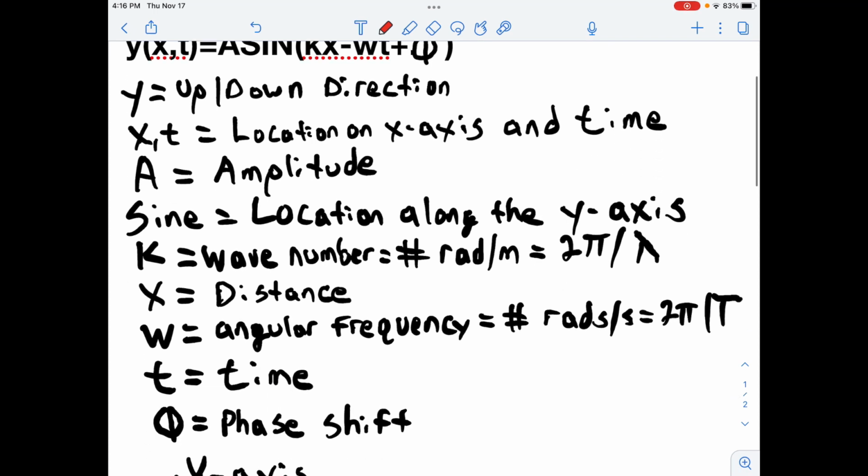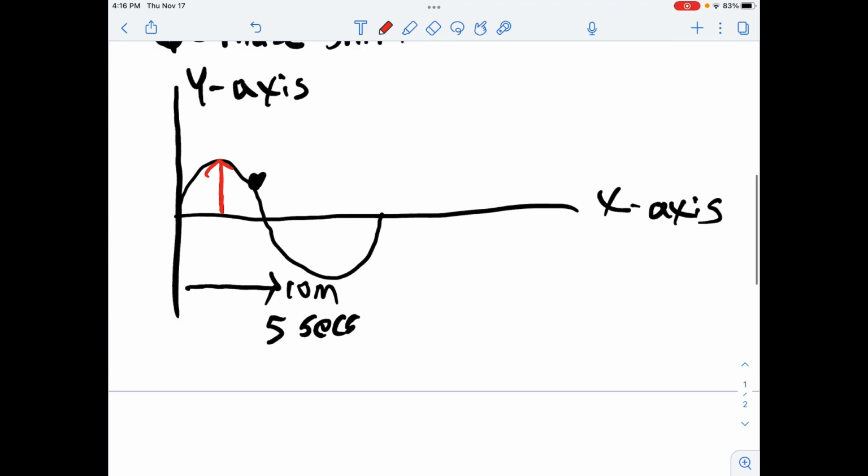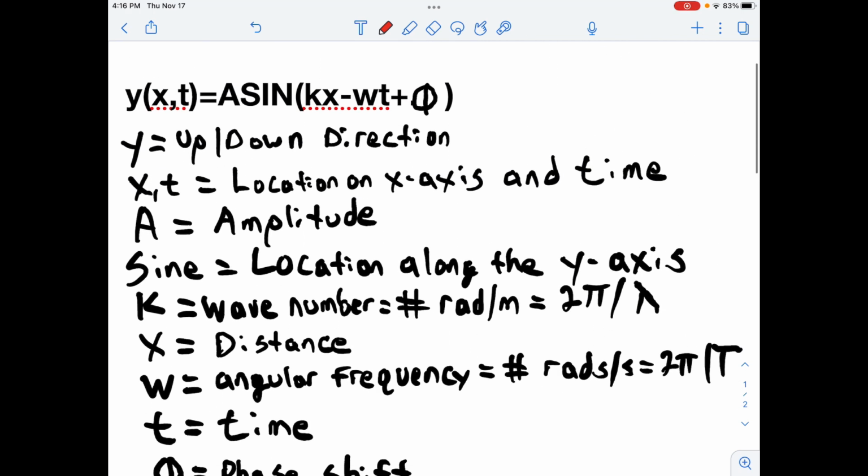A is the amplitude. Amplitude is the distance of a wave from the x-axis. It's how tall the wave is. Sine, if you remember from your earlier physics, anytime you use the sine function, you're trying to locate something along that y-axis.